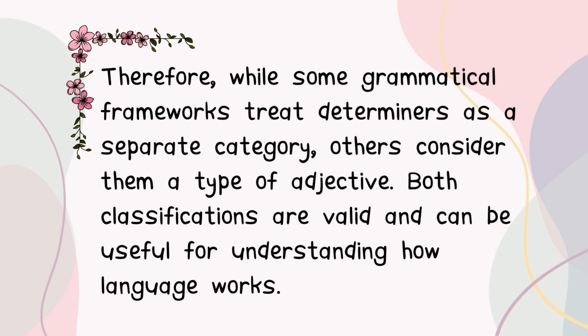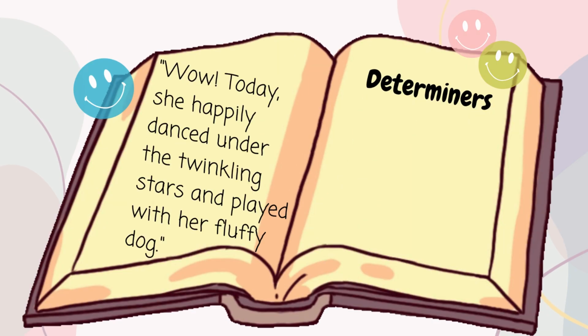Therefore, while some grammatical frameworks treat determiners as a separate category, others consider them a type of adjective. Both classifications are valid and can be useful for understanding how language works. So let's see if there's any determiners in this sentence. The is the only determiner it has.